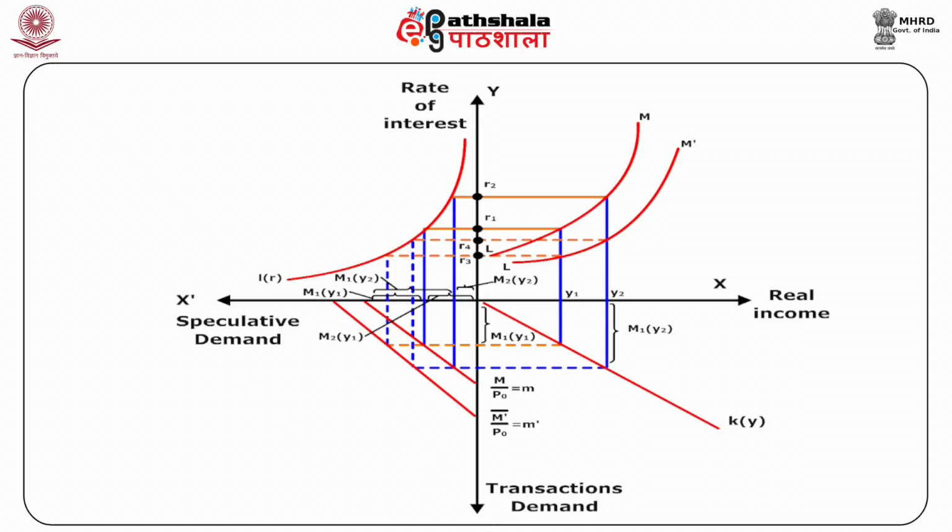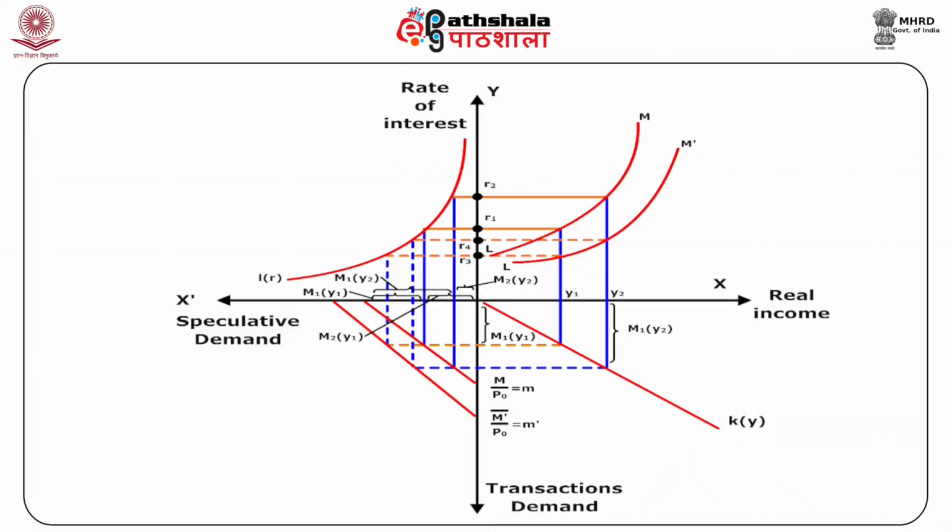But then again, compared to the old rate of interest, which was R2 in the case of y2, the rate of interest has to be lower. Only then the speculative demand for money will expand and fill the gap in this case as well. So now we have 2 points which correspond to the level of income y1 and y2 and their corresponding interest rates, that is R3 and R4.